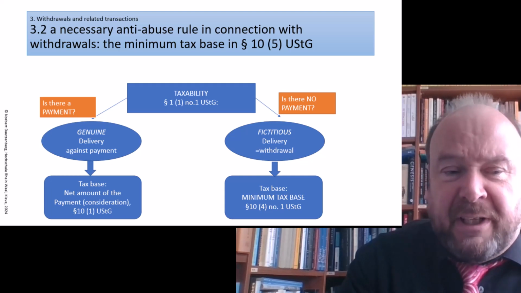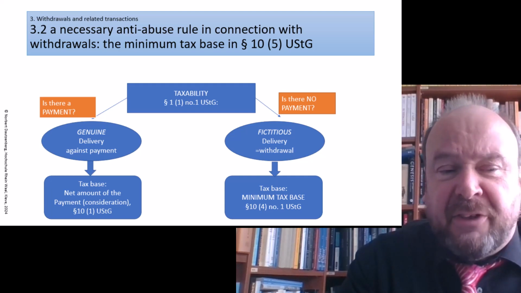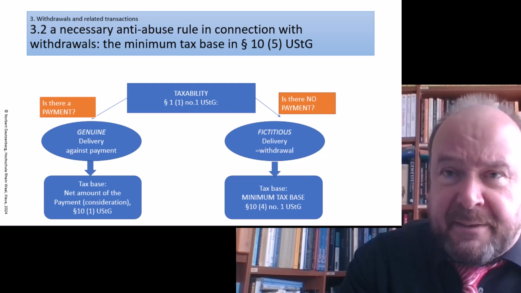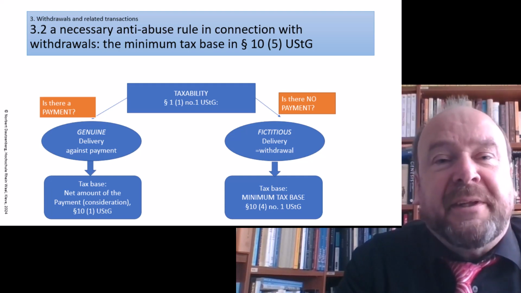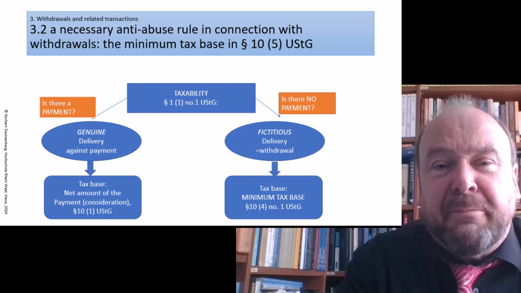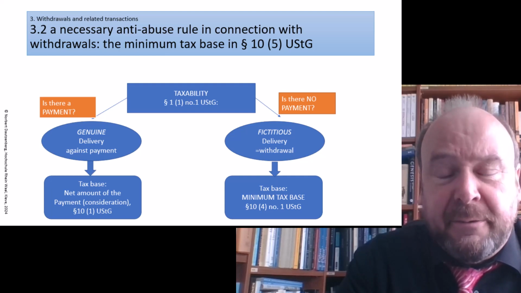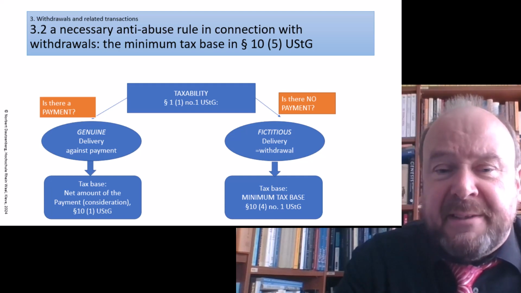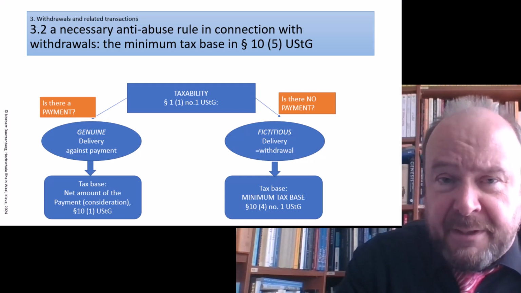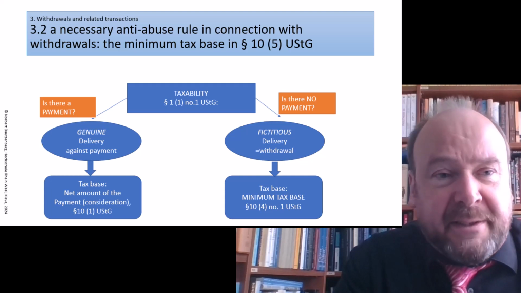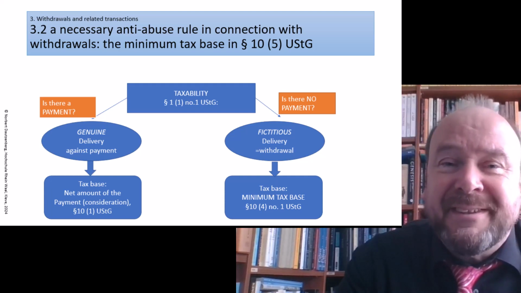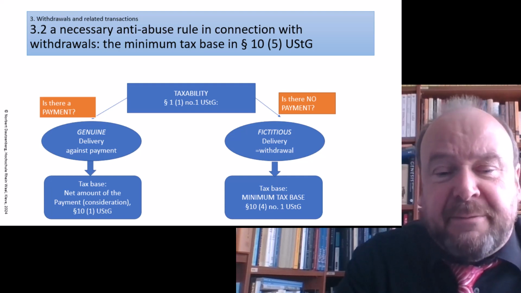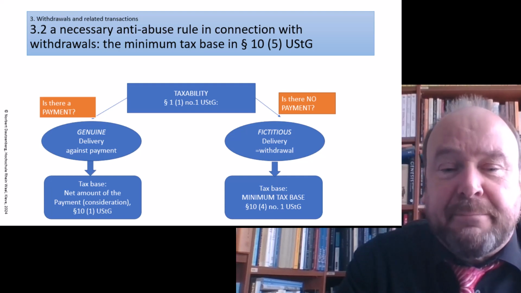If so, we have a genuine payment and a genuine transaction, delivery against payment, and then the tax base is under 10.1, the consideration, the gross amount minus the VAT included. The other alternative is, is there no payment? Then fictitiously something is declared as having been for consideration, we remember that, and then the minimum tax base of 10.4 number 1 takes place.